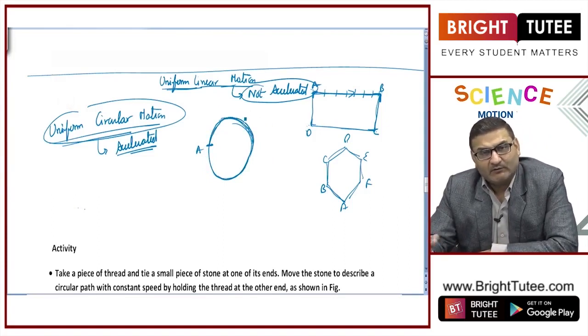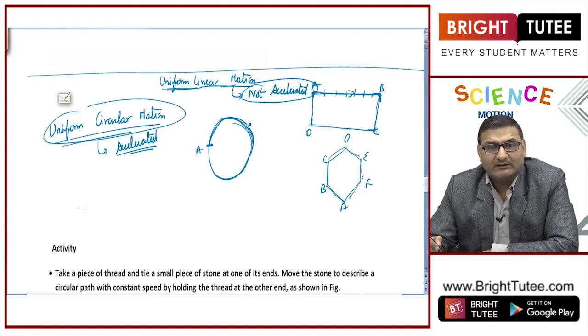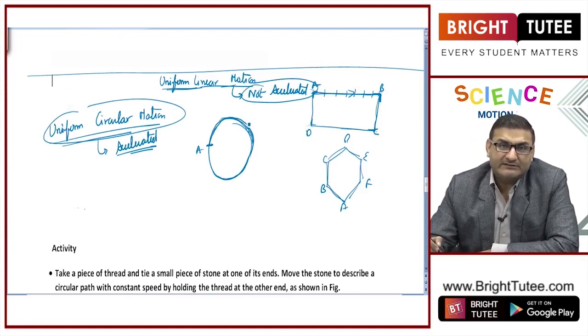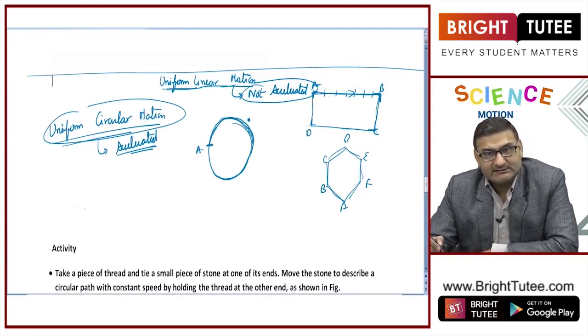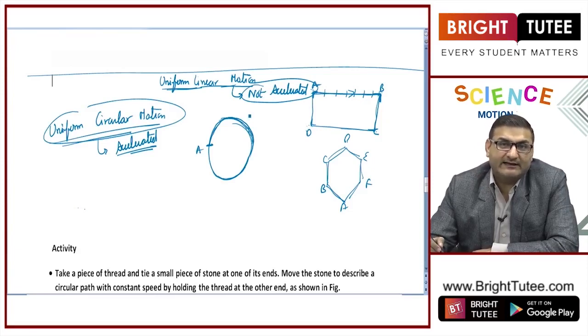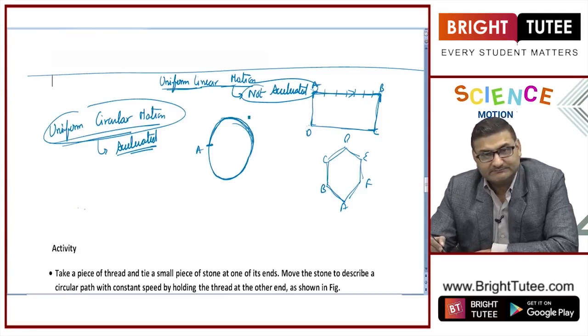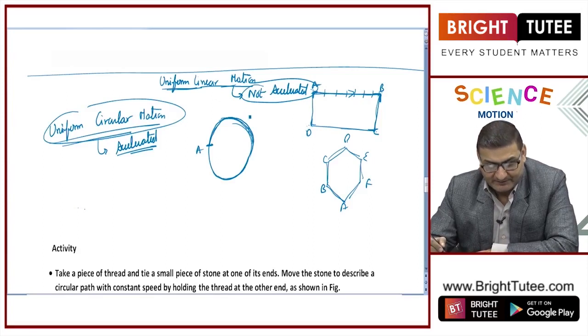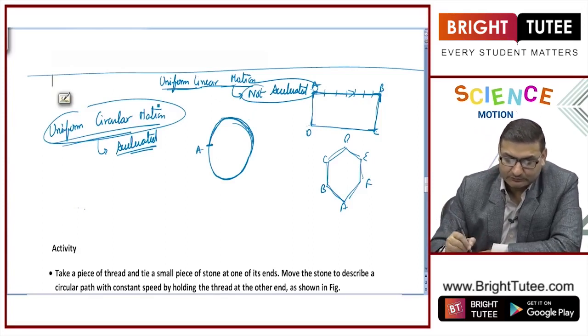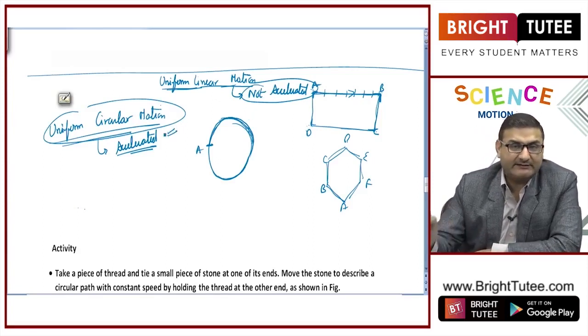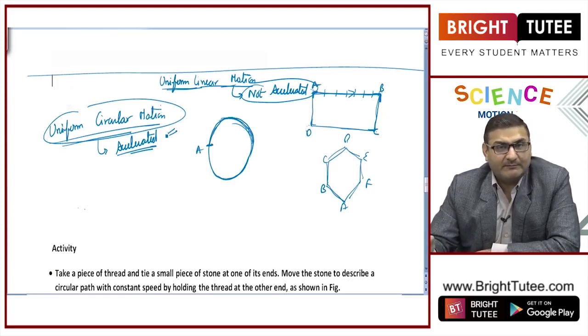Every time the body moves in a circular path, it changes its direction, and because its direction changes, for maintaining this uniformity it has to accelerate itself at turns. So uniform circular motion is always accelerated motion, this we need to remember.